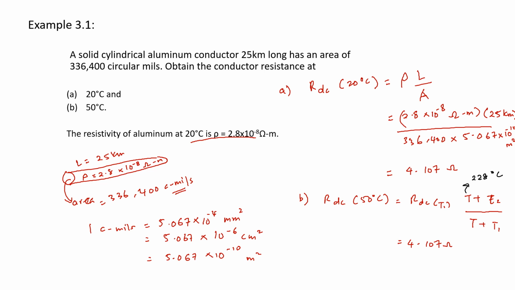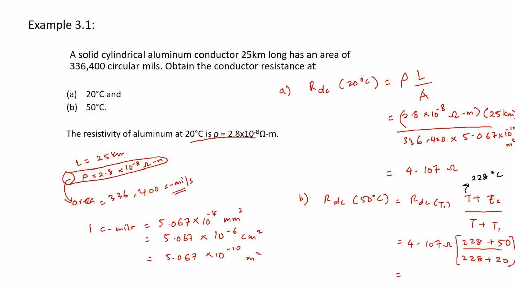So put the value here: 228 plus T2, which is 50, over 228 plus 20, which is the temperature at 20 degrees Celsius.